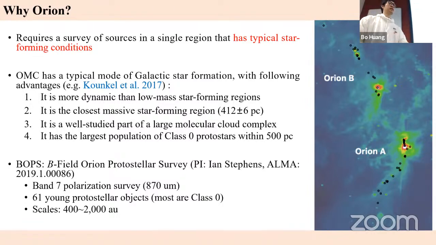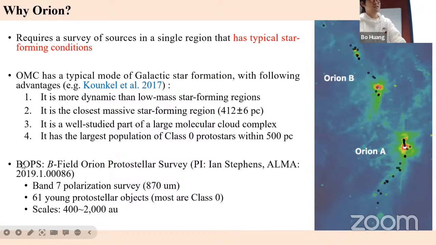Most sun-like stars, including the Sun, are found in high-mass star-forming regions, making Orion a more typical representation of star-forming conditions within the galaxy.